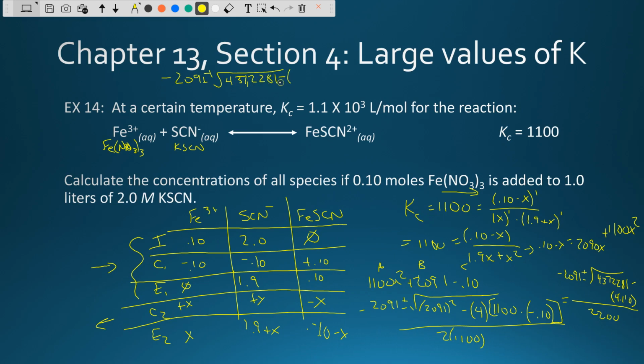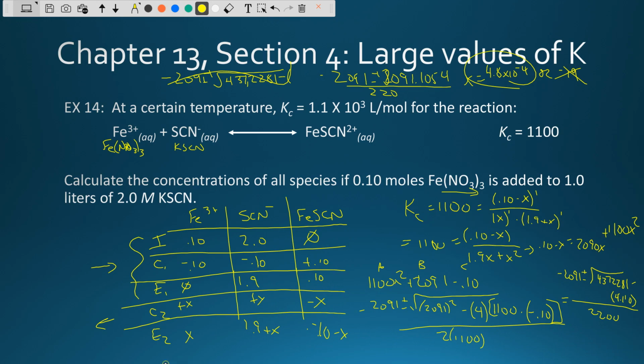Let's just do it this way: 2091.1054 over 2200. So x would then be equal to 4.8 times 10 to the negative 4, or a negative 19. Can't have a negative, so here's my x value.